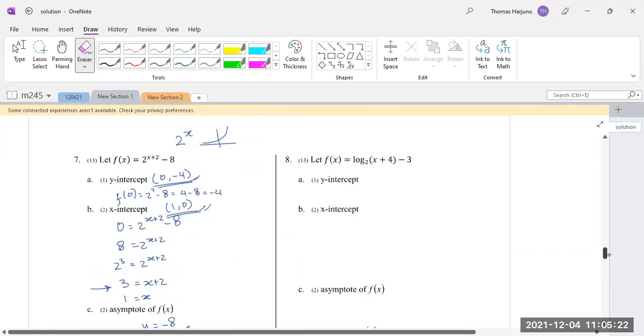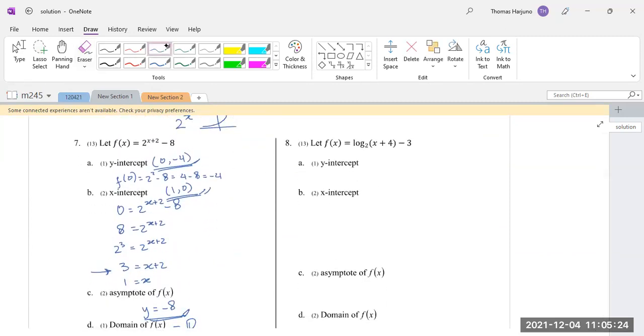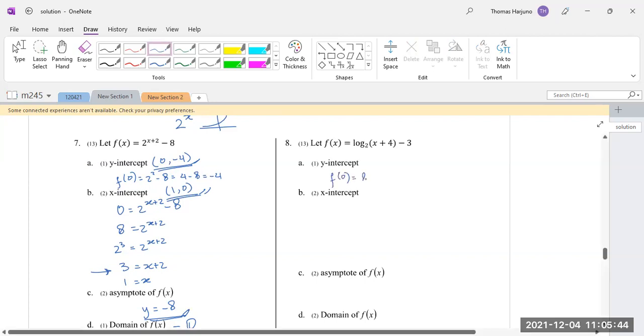And then number 8, log base 2 of (x plus 4) minus 3. I actually asked this question a lot, exactly the same function. So f(0) equals log base 2 of 4 minus 3. Log base 2 of 4 is 2, so the y-intercept is (0, -1).